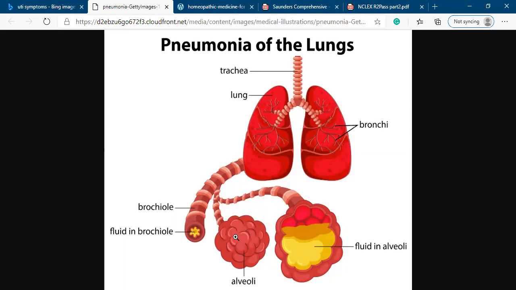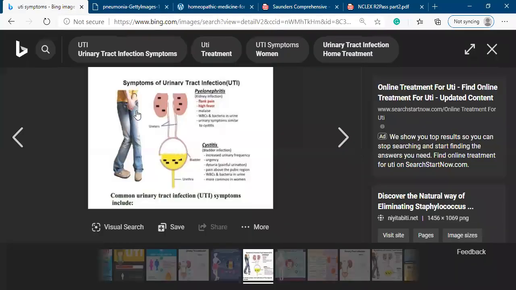But in pneumonia, fluid accumulates in the alveoli and the patient has shortness of breath, difficulty breathing. So if anybody has pneumonia, we can prescribe penicillin, amoxicillin, or ampicillin.